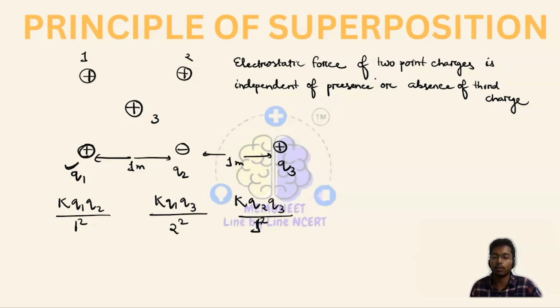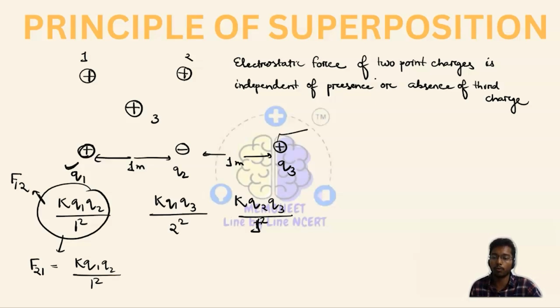Okay, so this is independent of the presence or absence of the third charge. And if we write the force on Q2 due to Q1, that is equal to K Q1 into Q2 upon 1 square.